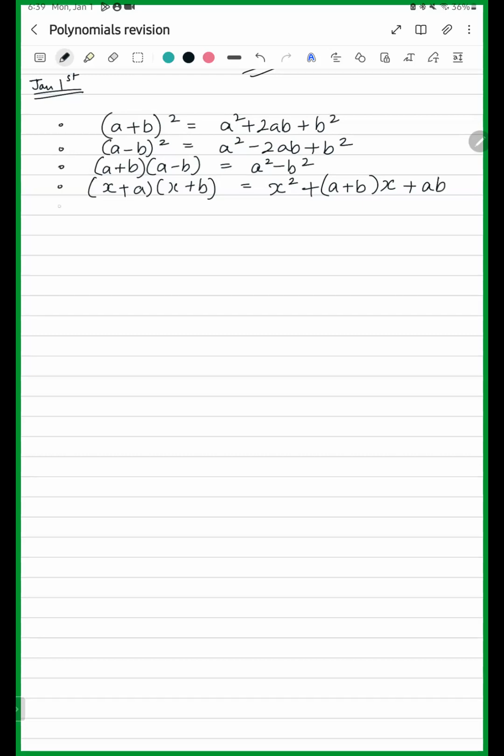Okay. Next, let's come to (a + b + c) whole square. What is this?